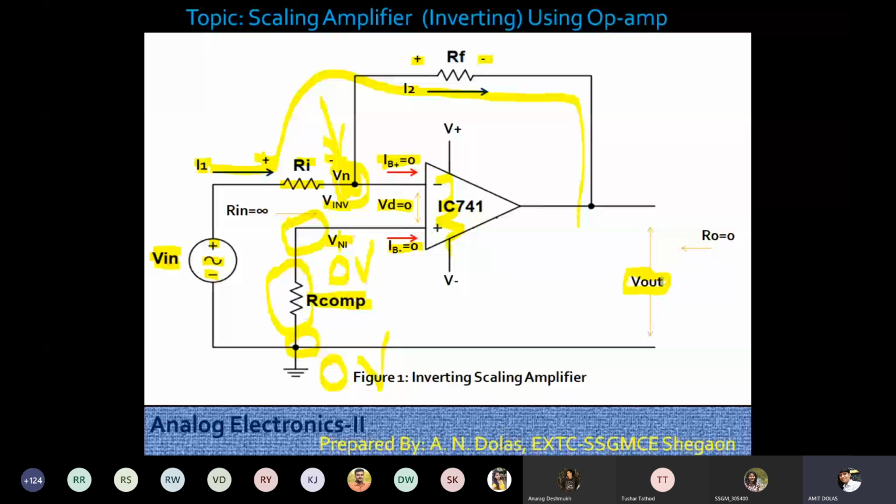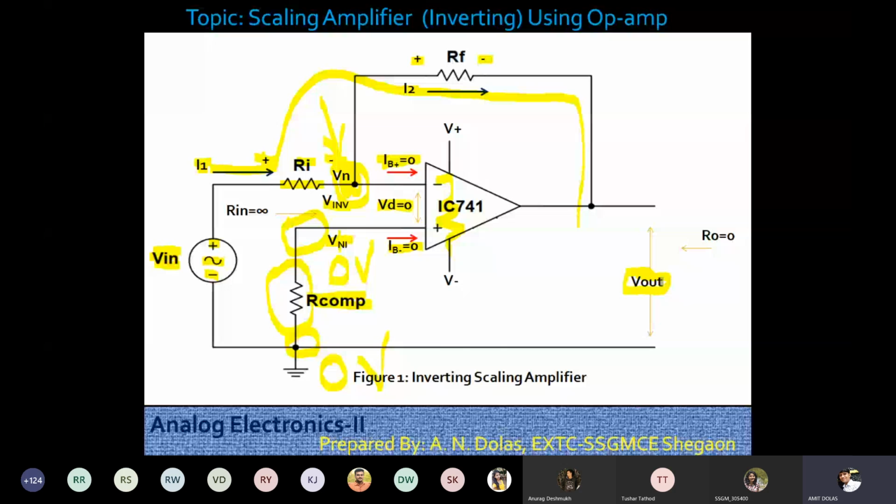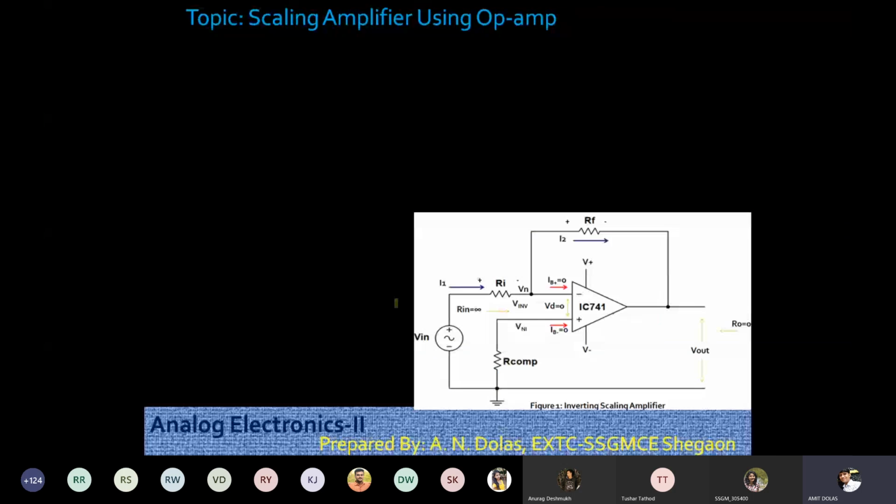Now I shall move forward to the next PPT, wherein I have shown a similar circuit in a reduced way, so that you will be able to see the circuit diagram as well as equations.